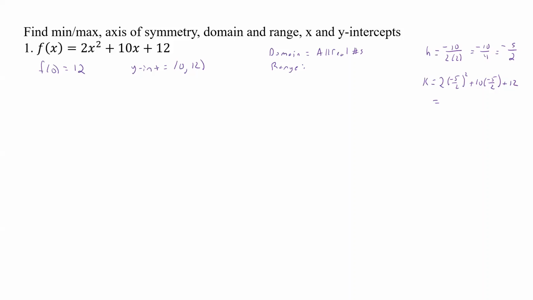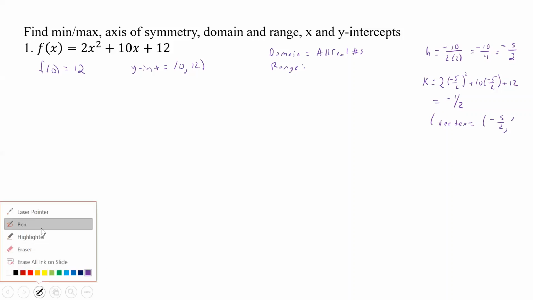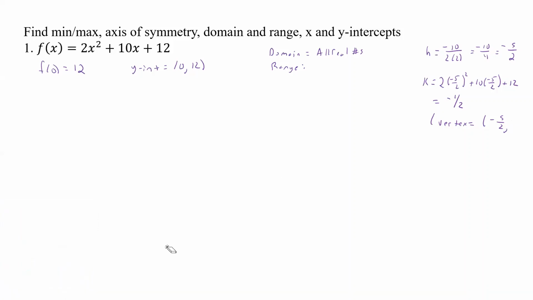That equals negative 1/2. All right, so that's our k. So we know then our vertex is equal to negative 5 halves, negative 1/2. All right, so that's our vertex.